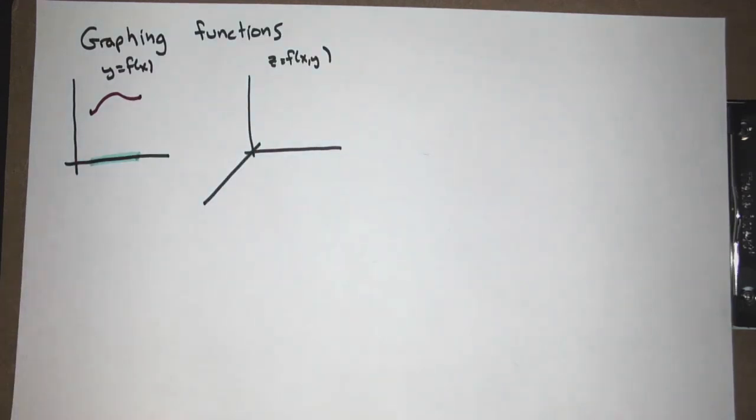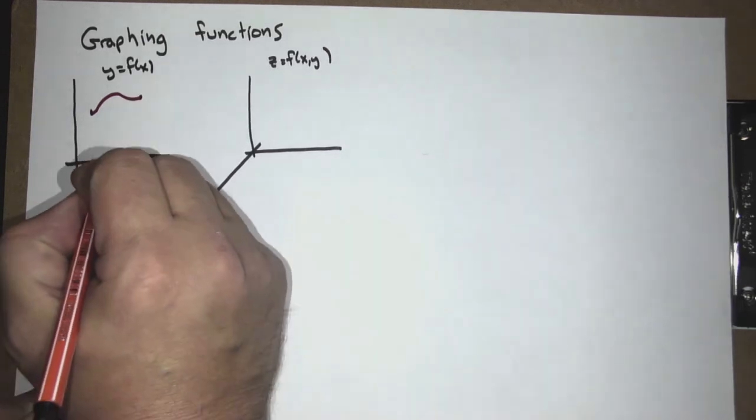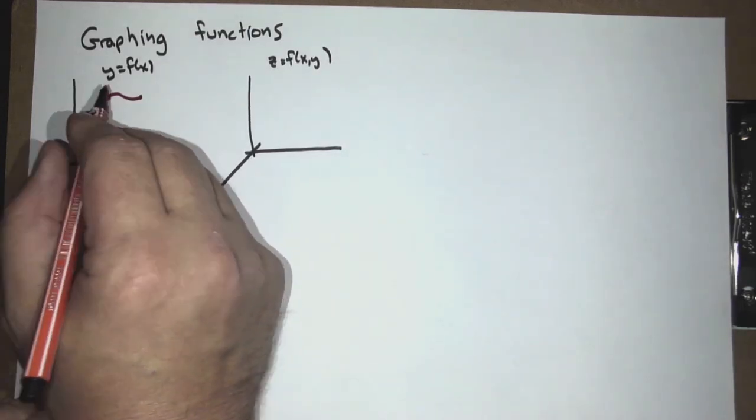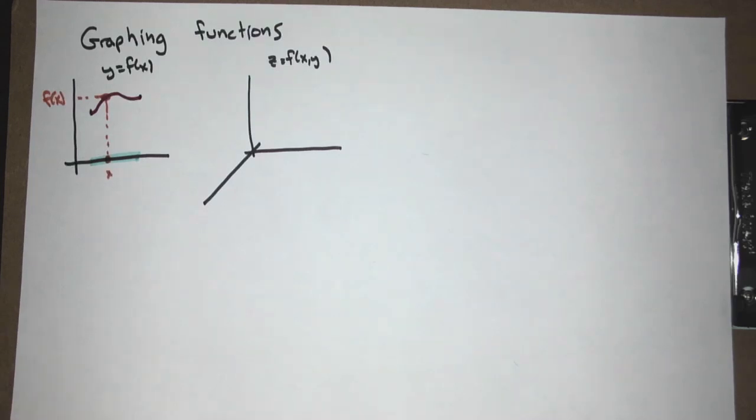And then you pick a value for x, you come up here, you put a dot in for the corresponding value for y. So essentially a graph is a collection of points. You put in every single input with corresponding output.